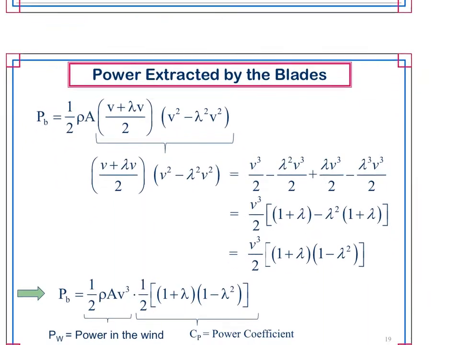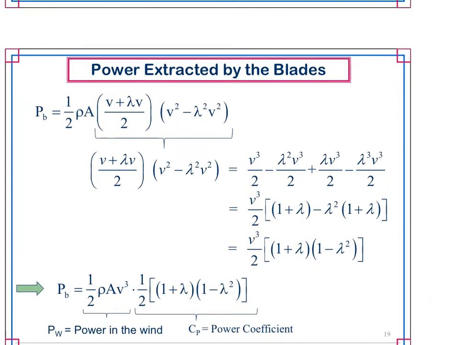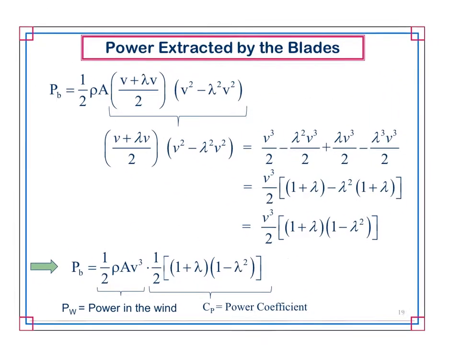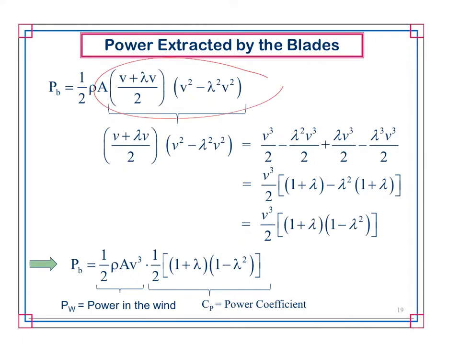Now we're going to do a little bit of fancy-dancy algebra to simplify our work, and we're going to focus on this one and then multiply it back in at the end. So our upstream velocity times our downstream to upstream velocity ratio, divided by 2, and then just multiply that out. We're going to end up with a simplification of our equation that is here.